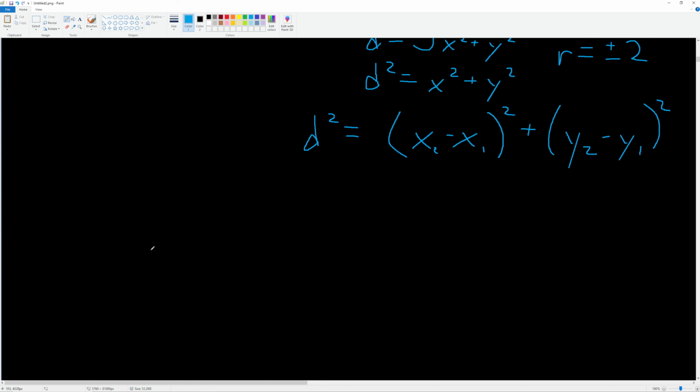Because in general, if you have some crazy equation with lots of x's and lots of y's, and you just want to shift it to the right by 2 units, you find your x's and do x minus 2.